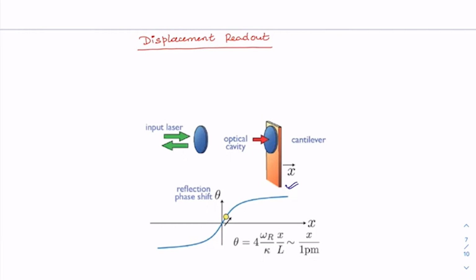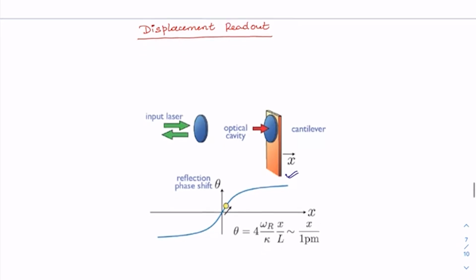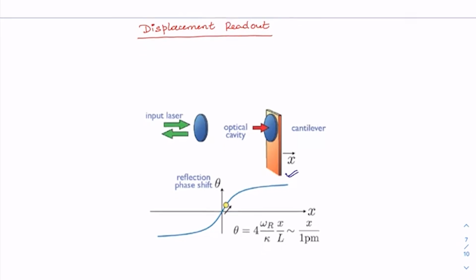Now experimentalists look at this phase shift as a function of the position. A typical plot is shown here, the phase shift versus position, as you can see from this diagram. So initially when you are away from the resonance, as you see here, there is no change in phase shift.